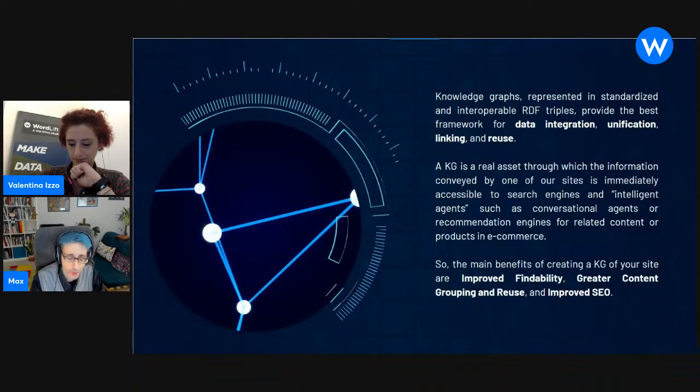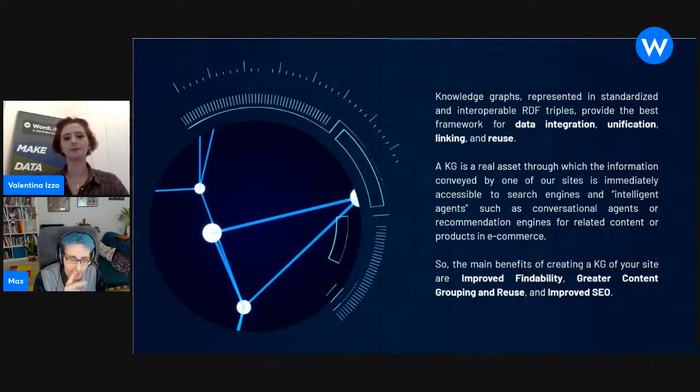Knowledge graphs, represented in standardized and interoperable RDF triples, provide a great framework for data integration, unification, linking, and reuse. So the purpose for creating a knowledge graph for our site is exactly this: to have the opportunity to integrate data, to unify them, interlink, and also reuse.